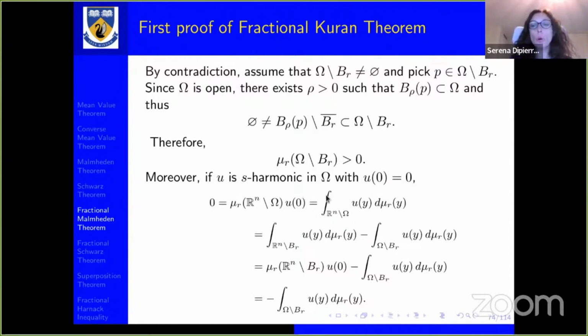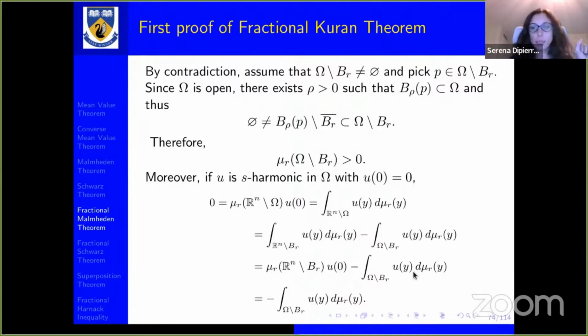So this is going to be equal to the integral over Rn of U. And then again, because BR is contained in omega, I'll split the integral into two integrals. So one is in Rn minus BR, and the other is in omega minus BR. Now, my function is also s-harmonic in BR because BR is contained in omega. So I can use the fractional mean value formula for BR. So this is going to be equal to the measure times U0.